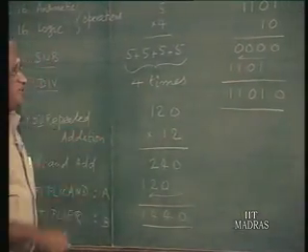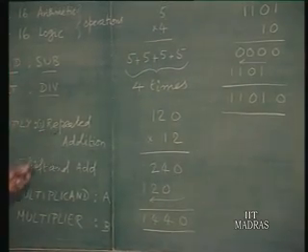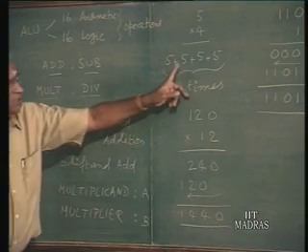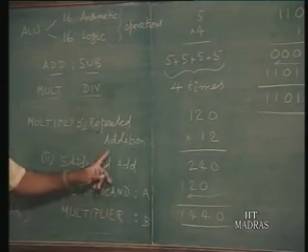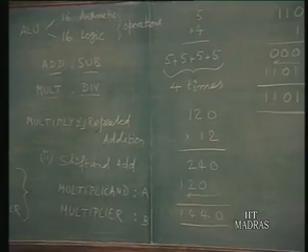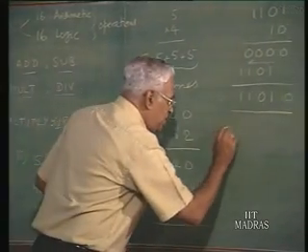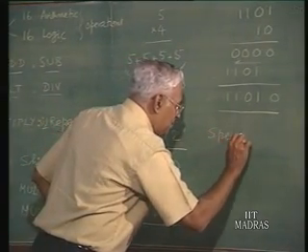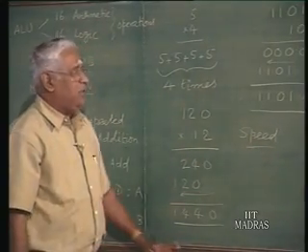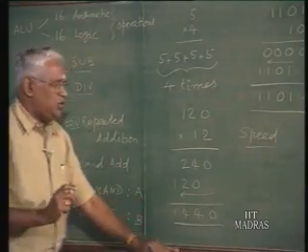For instance, even between these two, repeated addition and shift and add, repeated addition will take more time, whereas shift and add will take relatively less time. So, actually it is the speed of implementation which would determine whether you should have a special unit.